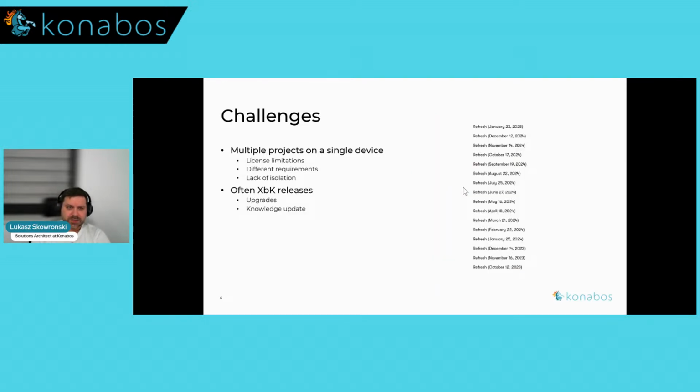The other challenge is related to the releases, right? On the right-hand side, you see the screenshot showing the list of releases from Kentico for Xperience by Kentico, and only in 2024 there were like 12 releases. Not sure if that list actually includes also smaller fixes. I would assume it doesn't.